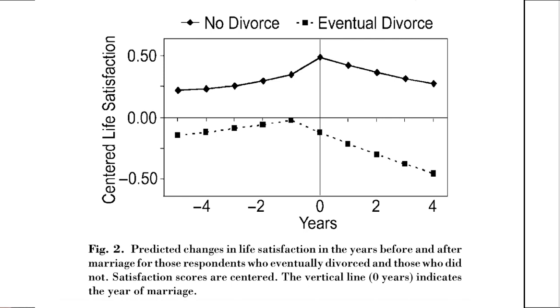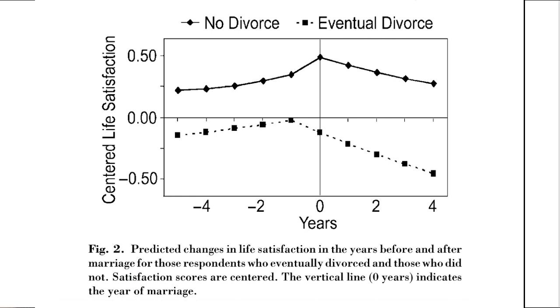After the wedding, satisfaction declines a tiny bit. It seems to settle in higher than it was before the wedding. But in the bottom line, with the squares and the dotted line, you see folks who we know, because we kept collecting data for years after, are going to divorce.